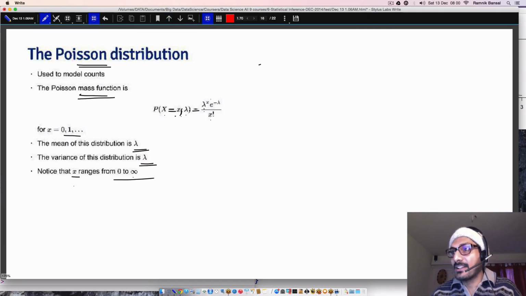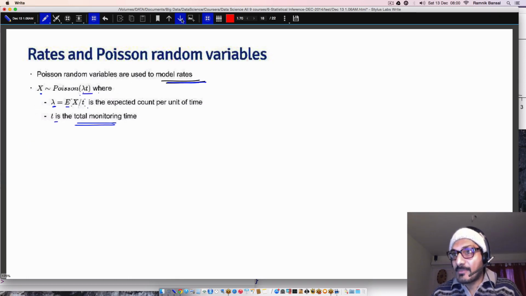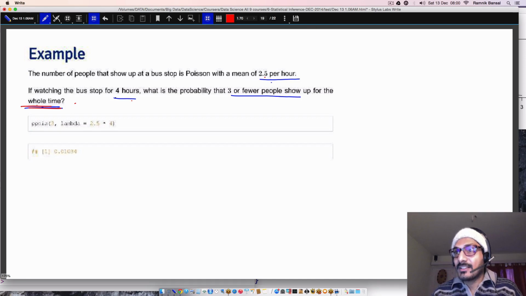Is this part very clear? I won't say x divided by the value. I would convert this lambda and accordingly I will have the x. Saying that it is 0.75 per hour is not true. You saw 3 people or fewer over 4 hours, so sometimes it will be more, sometimes less, and some averaging out is happening.